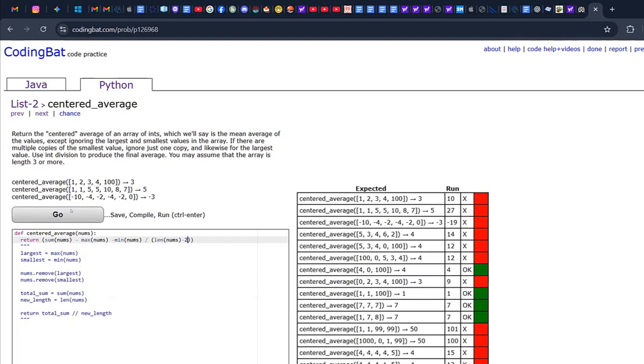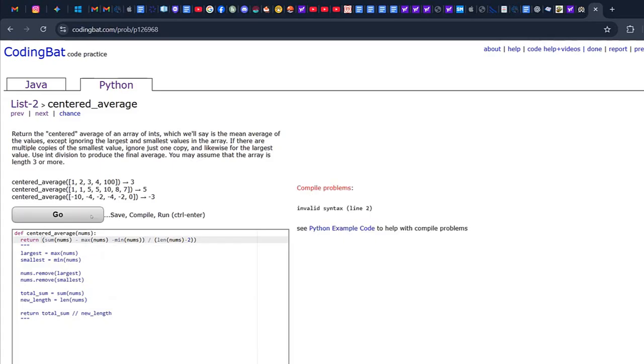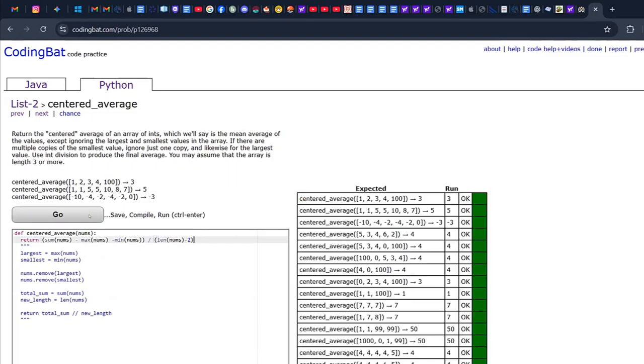Let's see, the length of the nums. Sum of the nums is in a parenthesis, I'm sorry. Line 2, let's see, sum of nums minus the maximum of nums minus the minimum of nums. The whole thing divided by length of the nums minus 2. Here I had one extra parenthesis. I forgot to delete. Okay, sorry for that. Is that okay?